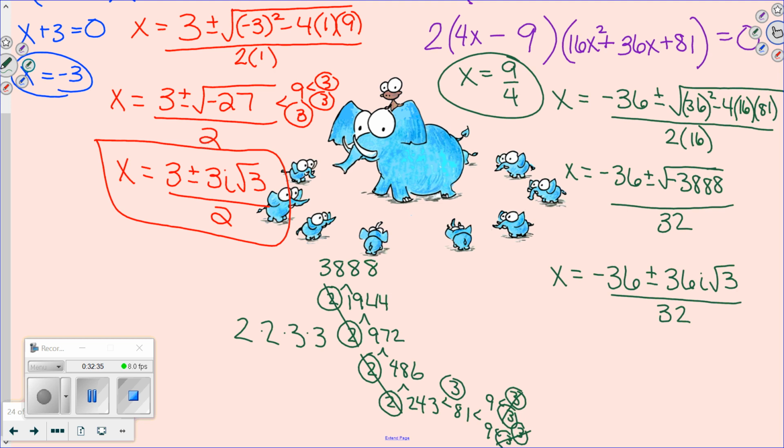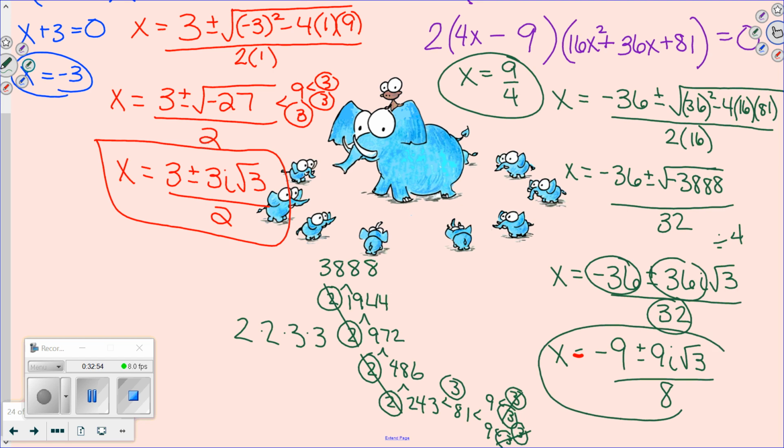All three numbers can be divided by 4. So I'm taking all of these and dividing them all by 4. So we get negative 9 plus or minus 9i radical 3 over 8. Oh, that's beautiful.